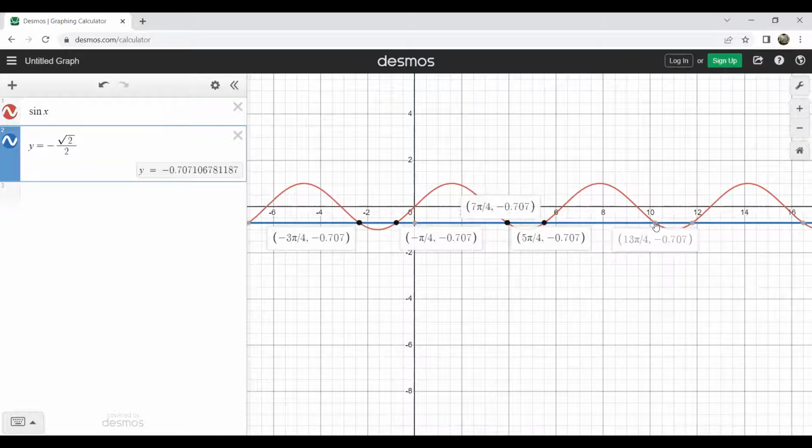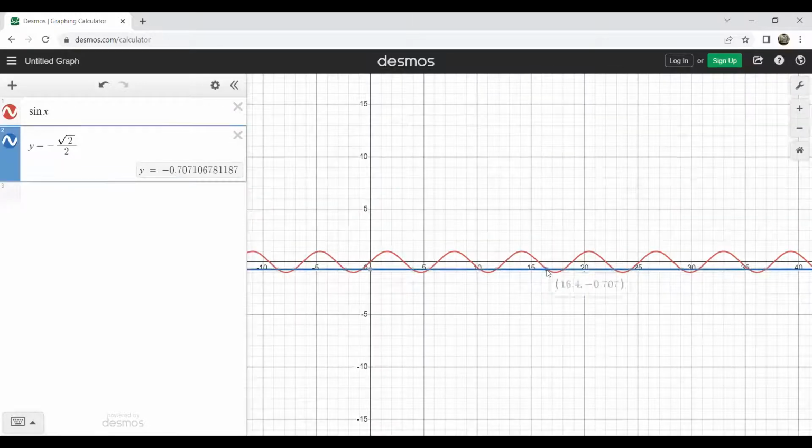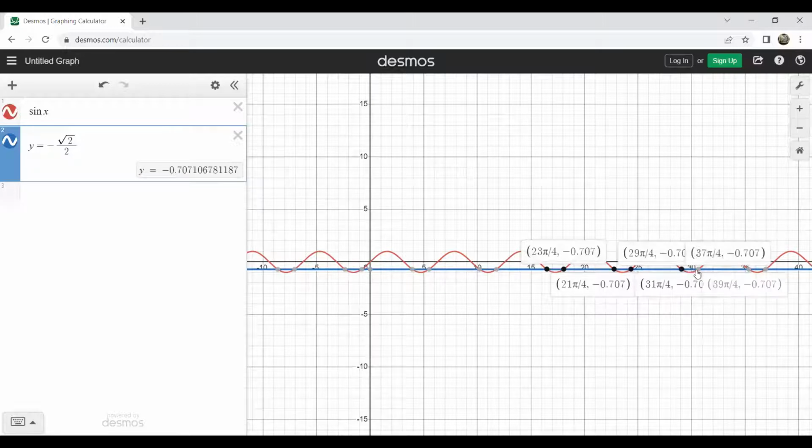I want to find a way to write this in short and compact form. It's impossible to list them all.